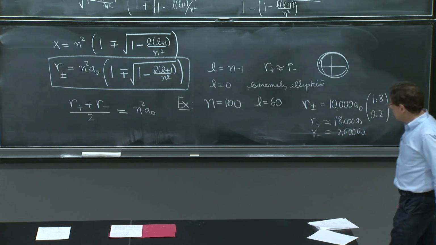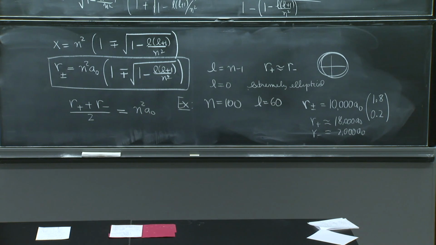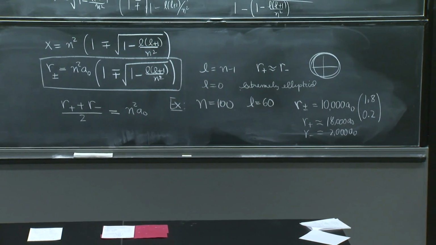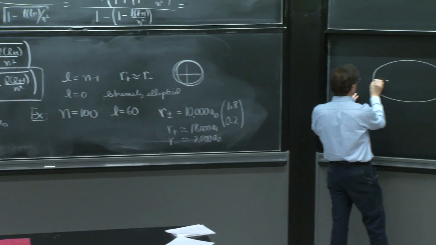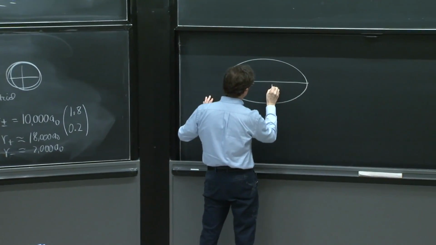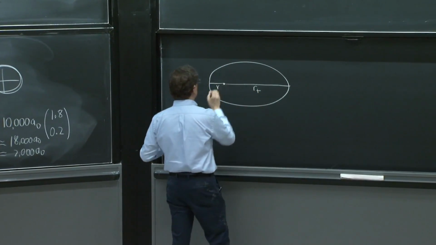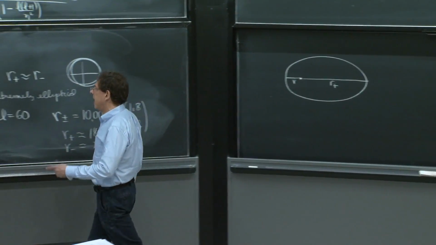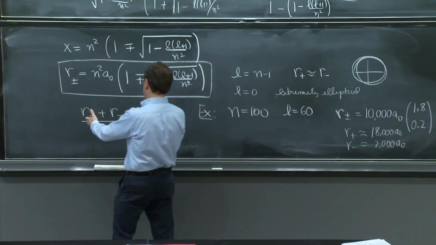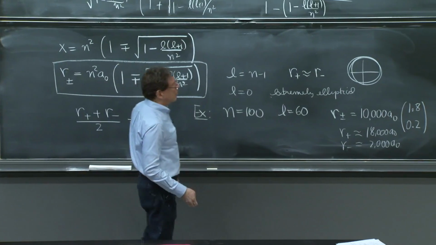And all of our orbits satisfy this property that if you have r minus and r plus, all of the orbits with different L have the same r plus plus r minus.